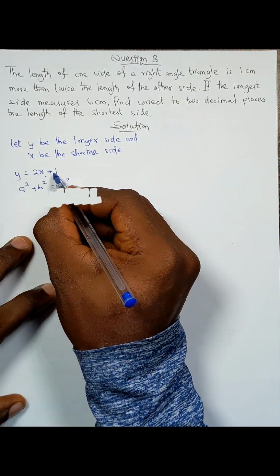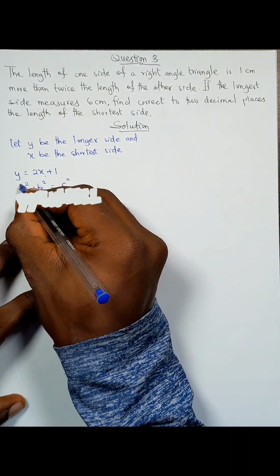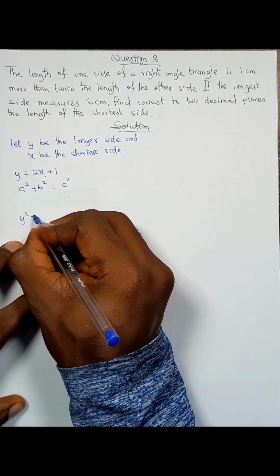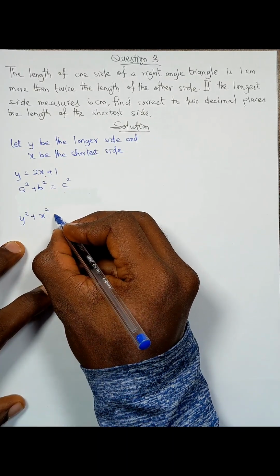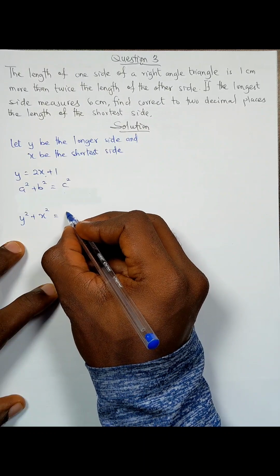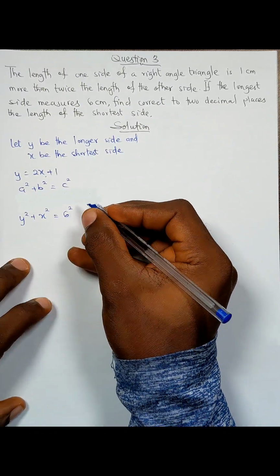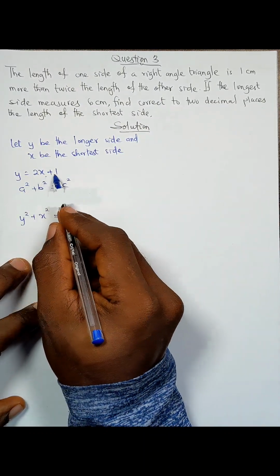So relating this with our formula, we are going to have y squared plus x squared is equal to 6 squared. But we know that y is equal to 2x plus 1.